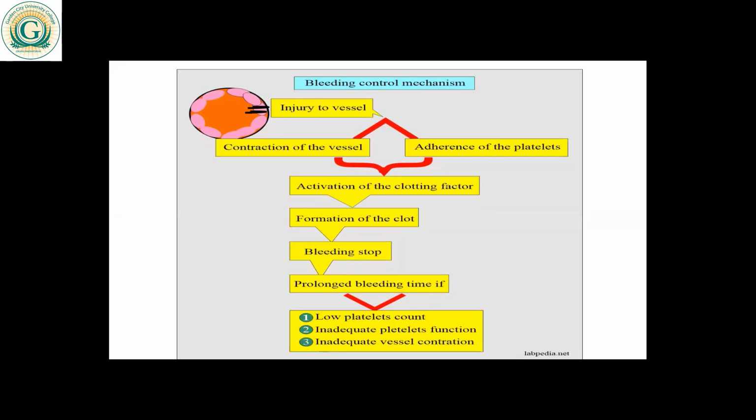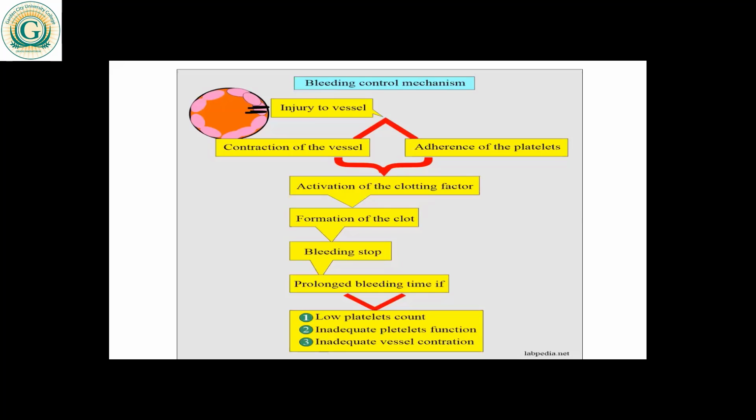We also have inadequate platelet function, where there are platelets, but they are insensitive to rupture of blood vessels, or they can move to the affected area, but in one or two instances they still can't perform their function together with the clotting factors.